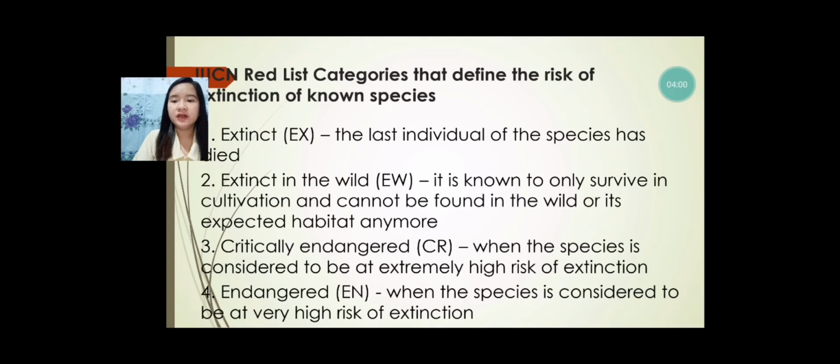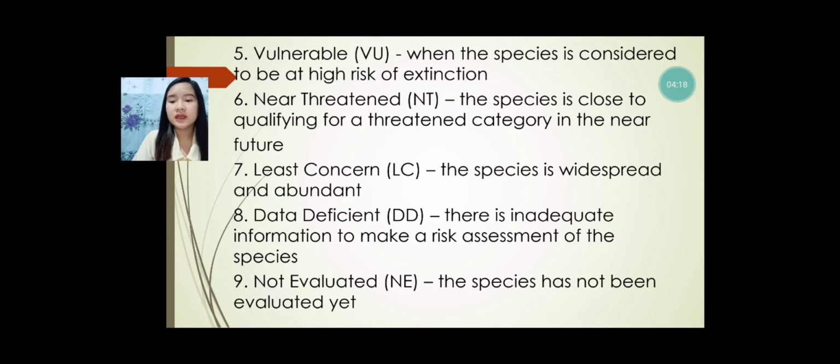Number 4, endangered, when the species is considered to be at a very high risk of extinction. Examples are the Calamian deer and the Visayan hornbill. Number 5, vulnerable, when the species is considered to be at high risk of extinction.